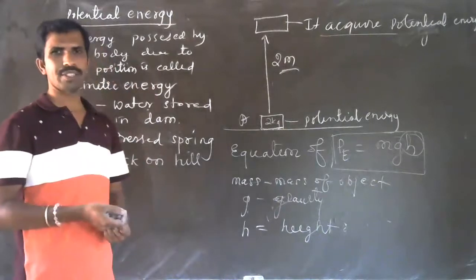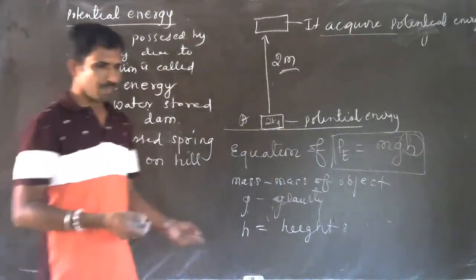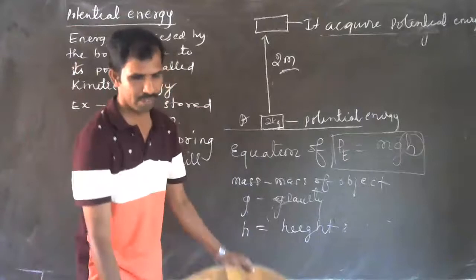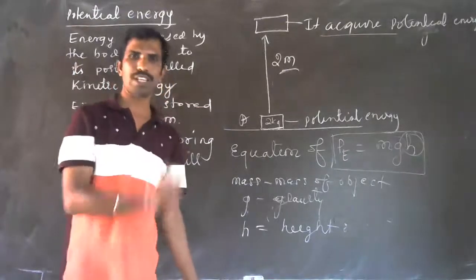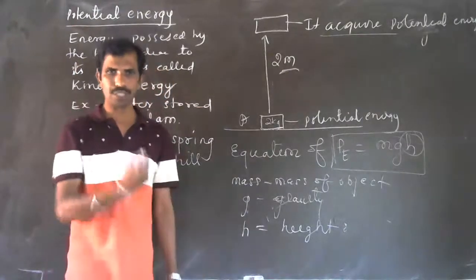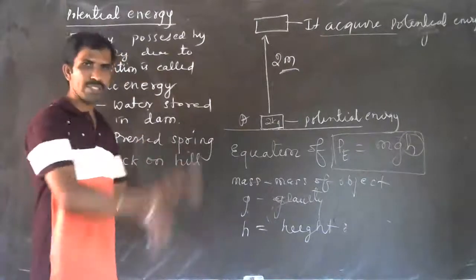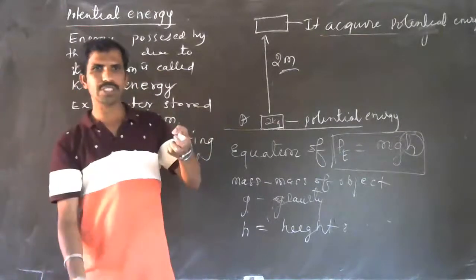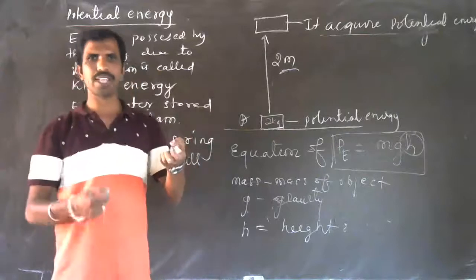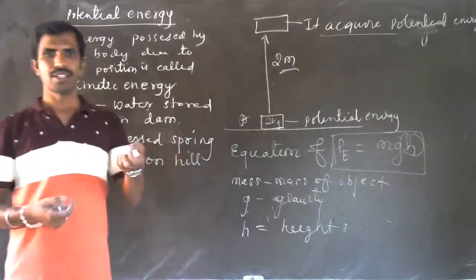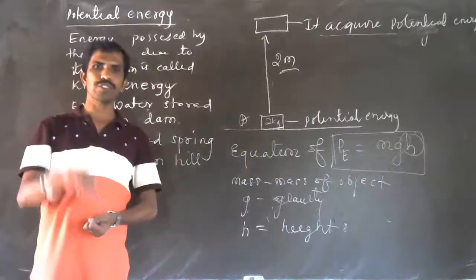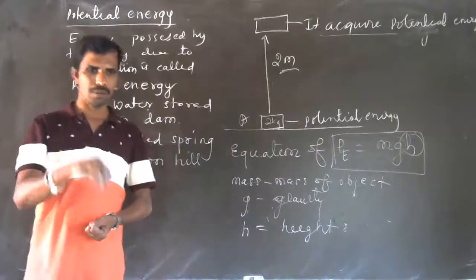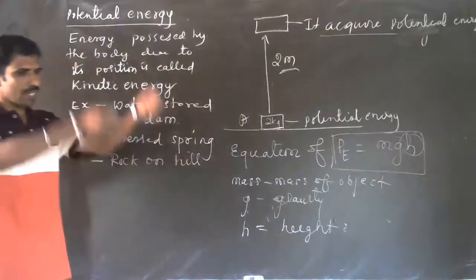When you are lifting it, gravity is pulling that object downwards. That is the gravitational force. So we have to put a force equivalent to the gravity, so that we can lift that object.